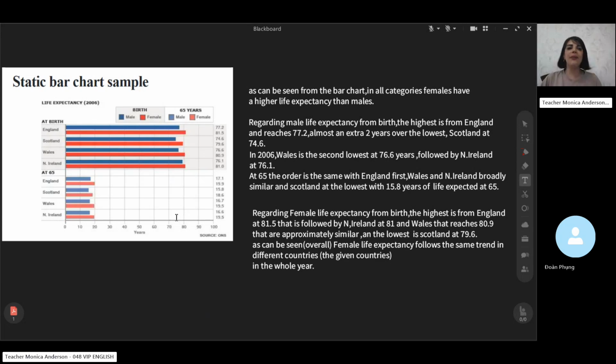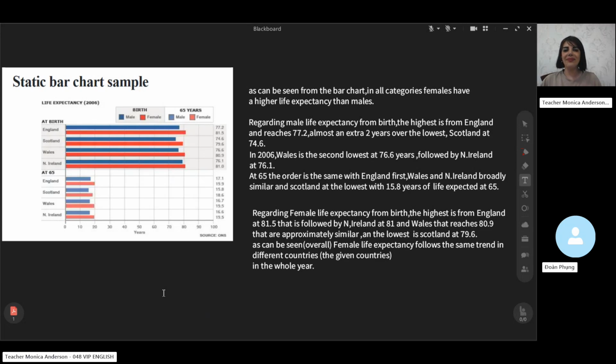For example, for male, England is 77.2, and for female, 81.5. No, you don't need that, because you already mentioned that life expectancy for female is higher than male in the whole chart. Then you gave some details. Get it?